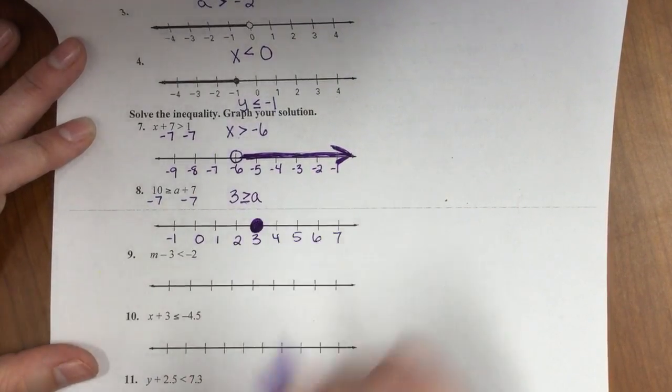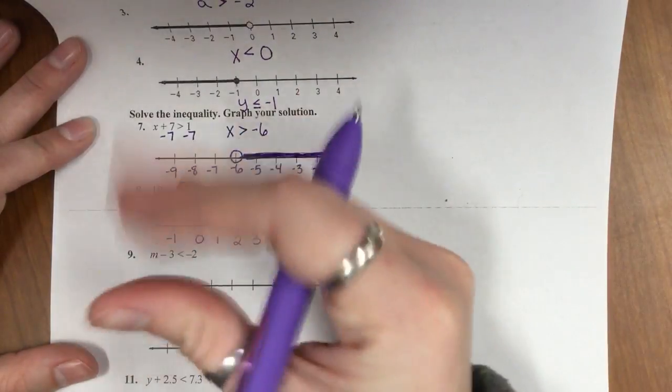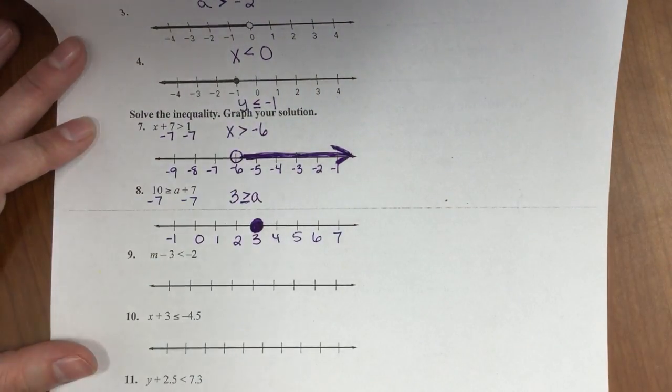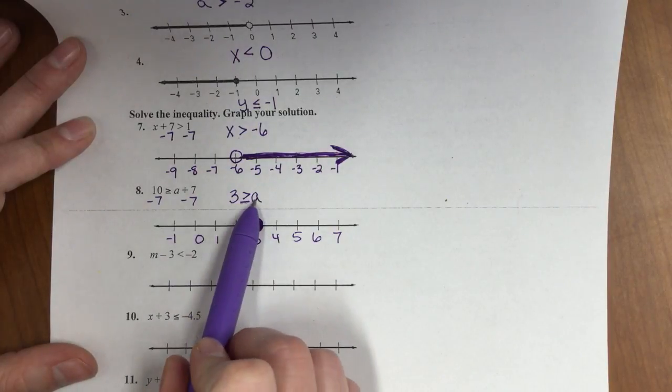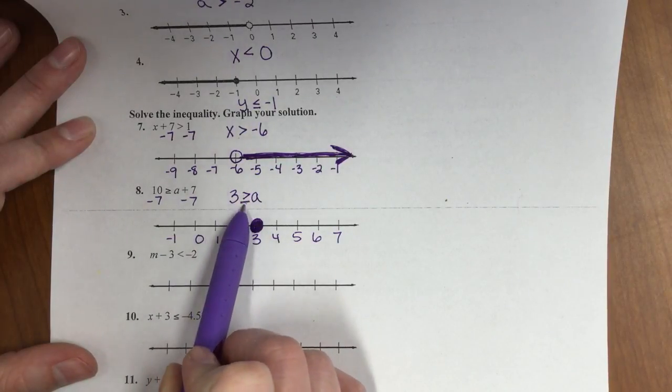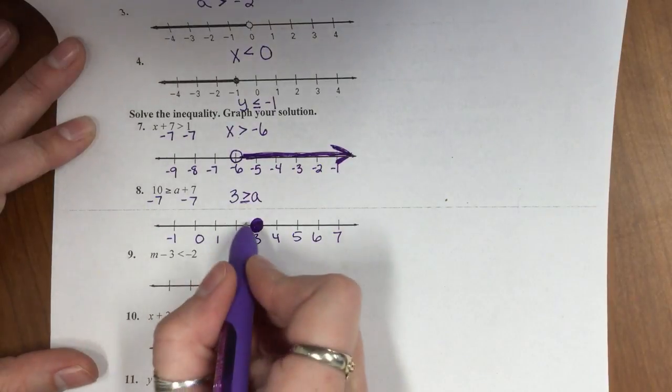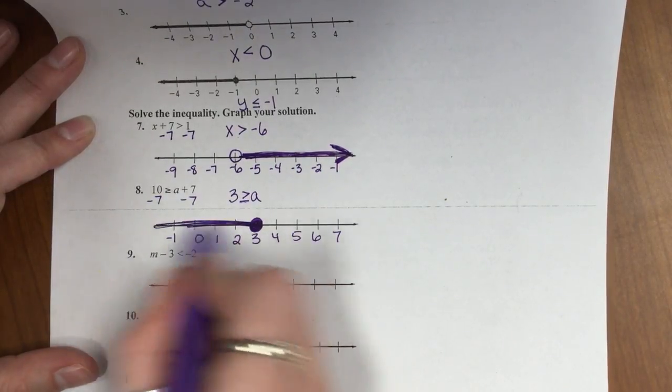Now we need to find numbers that make it so that the 3 is the one that's bigger. So where are the numbers that are not bigger than a? If we put 0 in for a, 3 is bigger than or equal to 0. Is that true? Yes, so we shade that way.